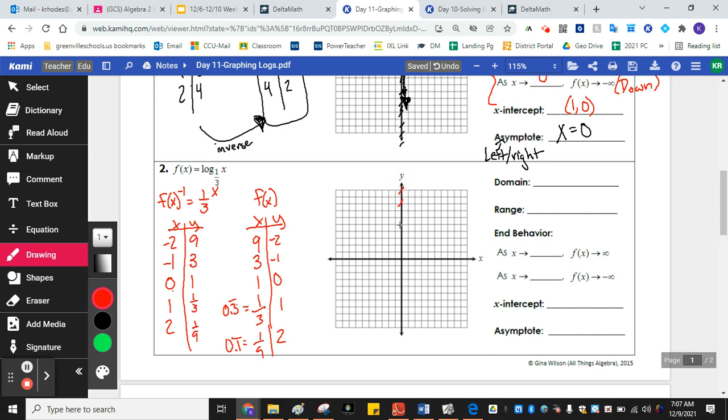Asymptote still at 0 because we haven't moved left or right yet. 9, negative 2, 3, negative 1, 1, 0, 1/3, 1, 1/9, 2, and it's going up.